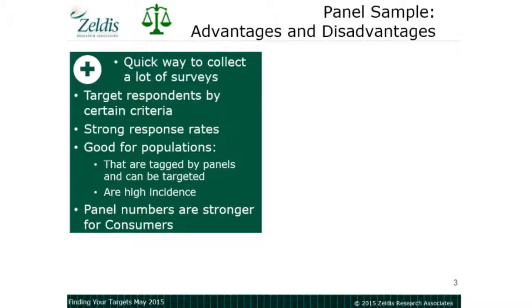You do get very good response rates when you're working with panels because they've all opted in and they have a relationship with the panel. Although you can get B2B sample on a panel, they are stronger when it comes to consumer sample.